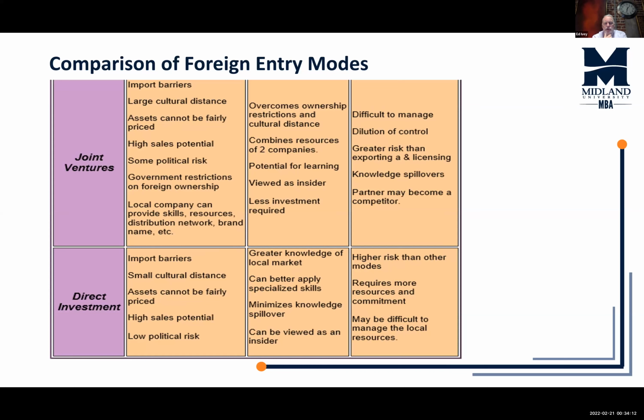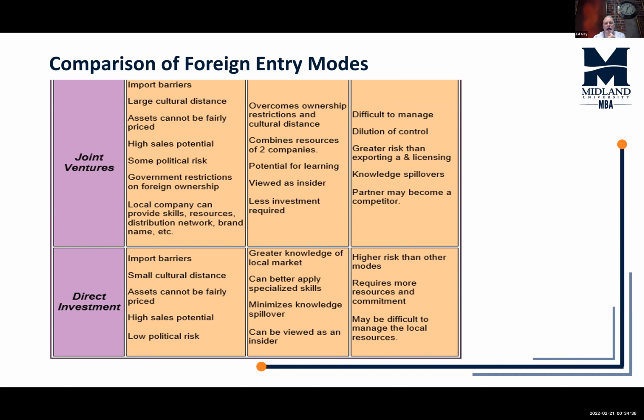When we look at joint ventures, what are some factors that would encourage joint ventures? It is when you have import barriers. So joint venture being what? You now have a joint venture between the US firm and the target country firm. So that helps you to get around import barriers.